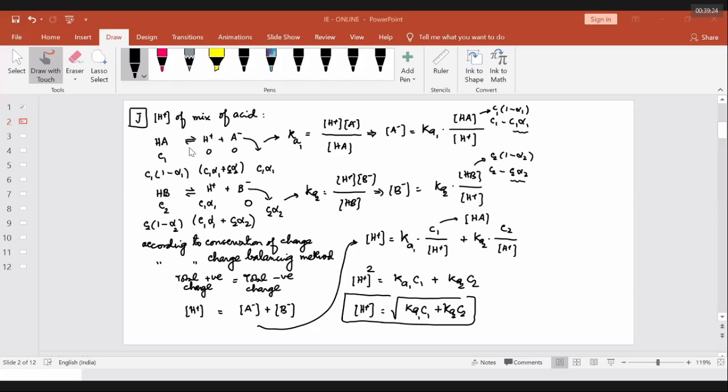If you go beyond the concentration of 10 power minus 7 H plus, you have to say water molecule is significant. Hence, we discussed in previous classes that common ion effect is applicable up to a certain range.